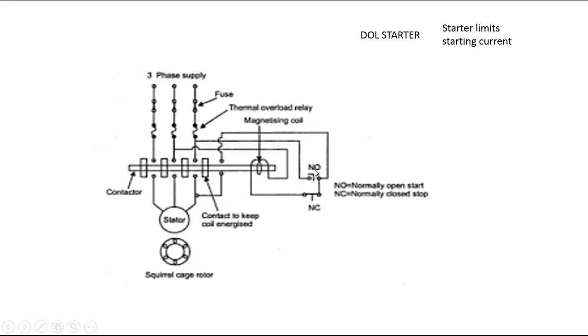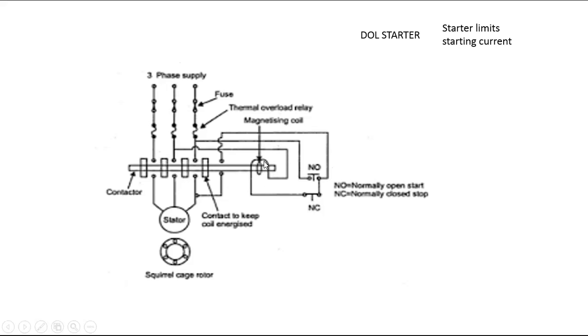When the NO switch is pressed, supply current flows from the supply to the magnetizing coil. As a result, a magnetic field is created across the magnetizing coil.